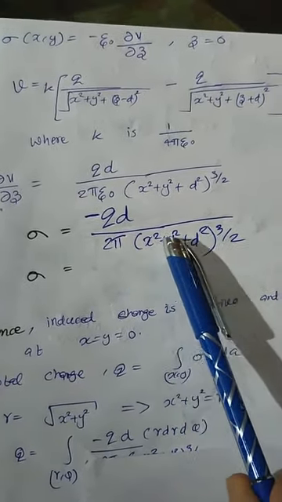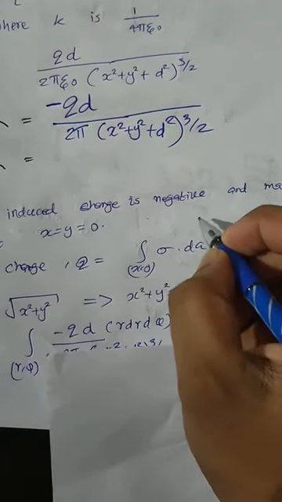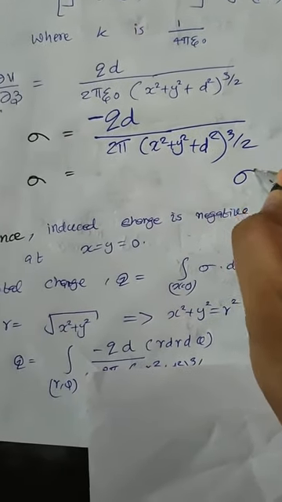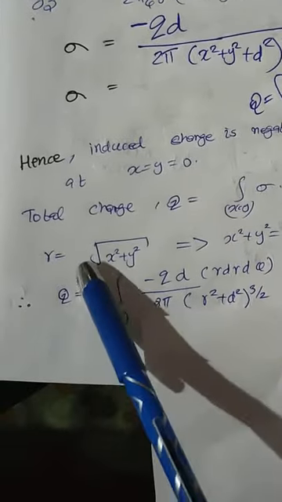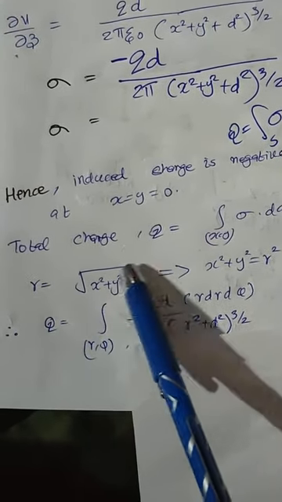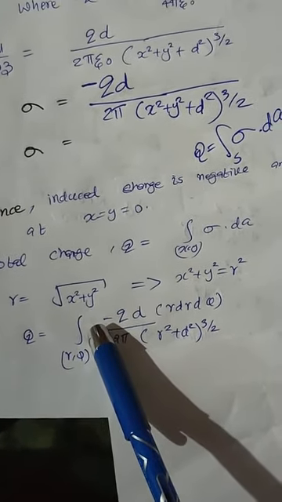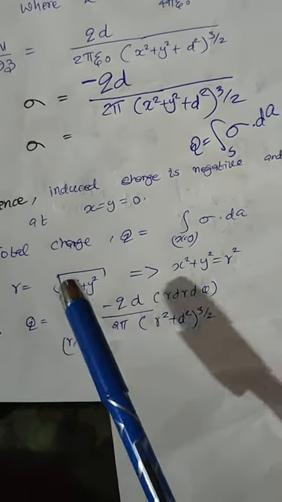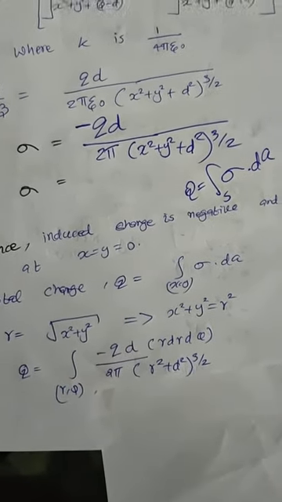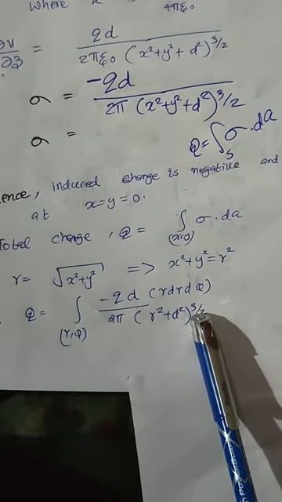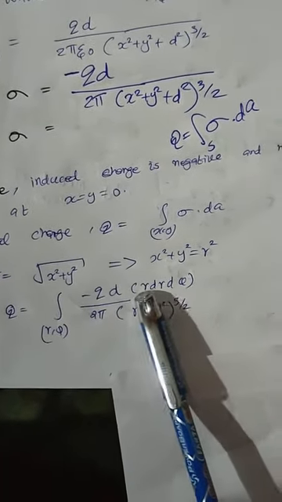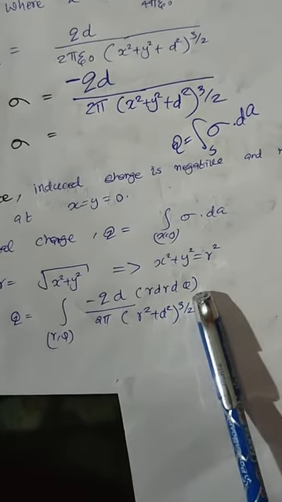So we have to find the total charge. What we have got is sigma. In order to find the total charge, we have to integrate over the area, so we perform a surface integral. We have r equal to root of x squared plus y squared. For the sake of easiness of the double integral, we use polar coordinates, and this is the elemental area in polar coordinates.